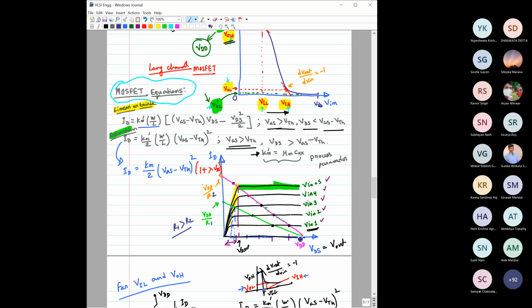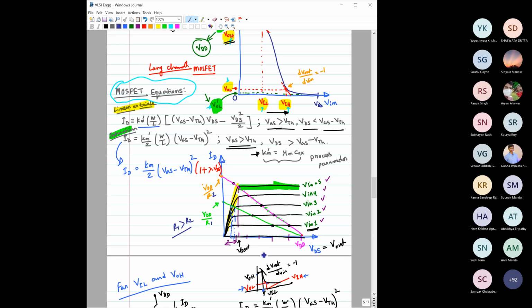But for green one, from here to here, that means this much, then from here to here, this much, then from here to here, this much. So that gives you that idea, right? So if you increase the resistance value, you expect that the transition will be faster in that region.